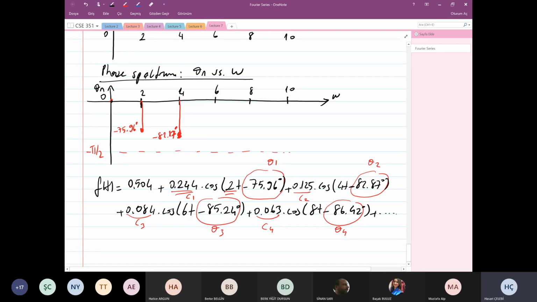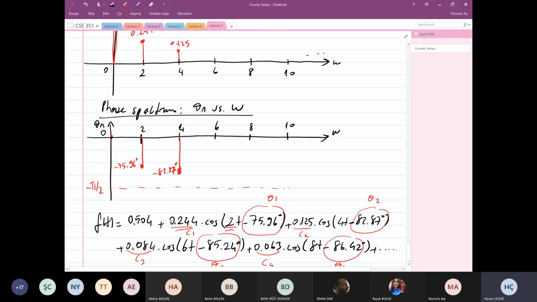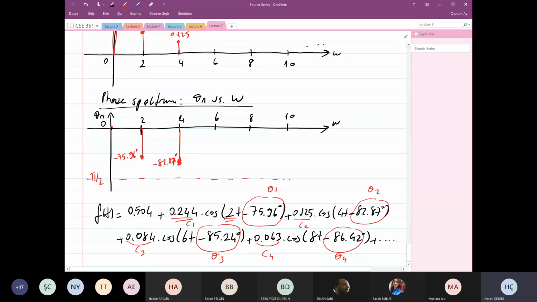So C3 for omega equal to 6 is going to be 0.084, and the corresponding phase is going to be minus 85.24.